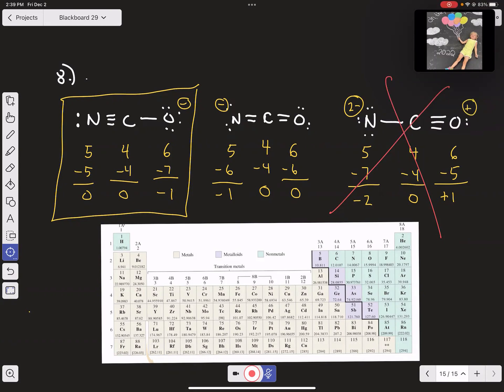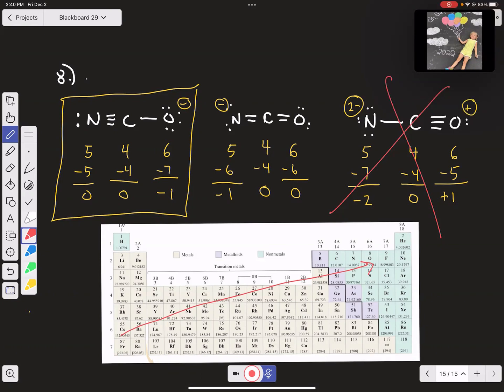In general, it's going to go left to right because our trend increases from the lower left to the upper right-hand corner. That also means that electronegativity decreases down a group. So iodine would be less electronegative than fluorine. That trend also works down a group, if you had to compare sulfur to oxygen or something like that.